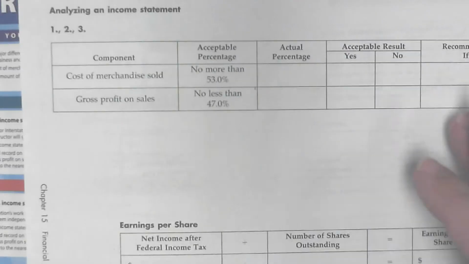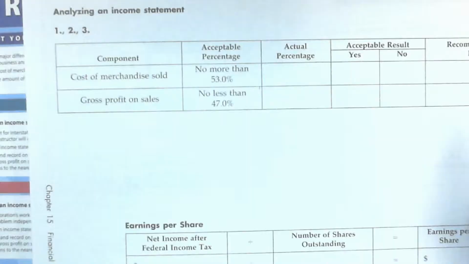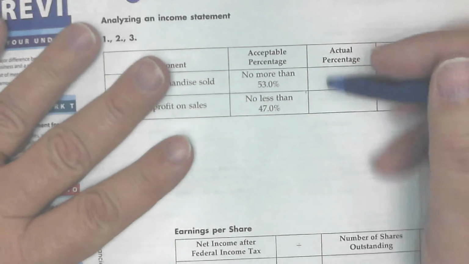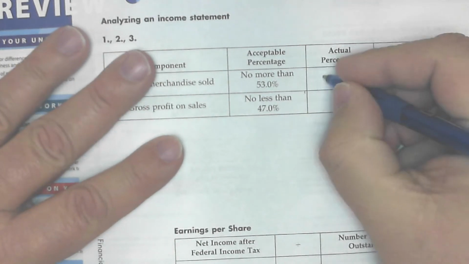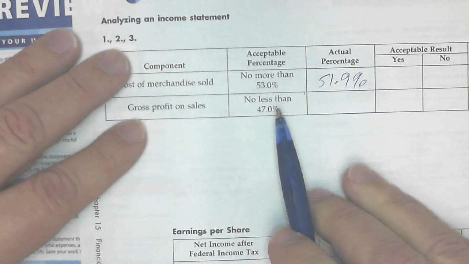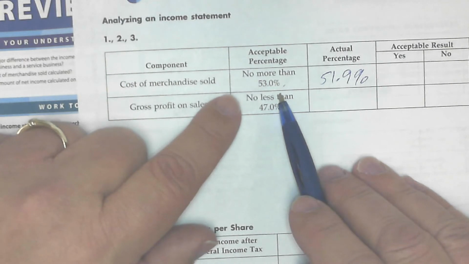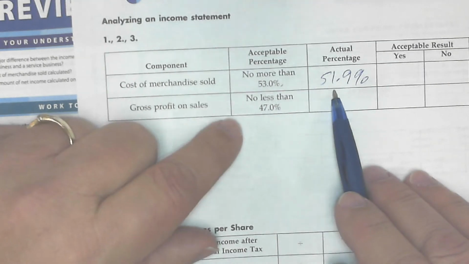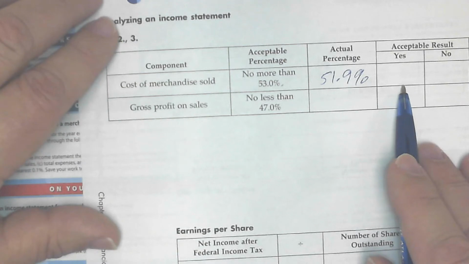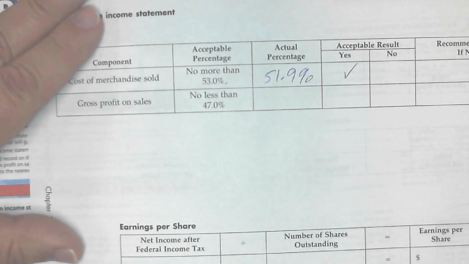So we've got our actual percentage right here. And it says right here the acceptable percentage is no more than 53. So we got less than 53, an acceptable result. So yes or no, it's yes.